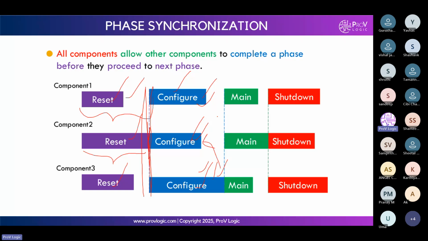Through that we can communicate and know which one is executing slowly and which one is executing fast, and based on that we make the synchronization. Here also, the second one is completed, the first one and third one should wait, so that finally at the same simulation time we get the proper output. All components will be in sync.